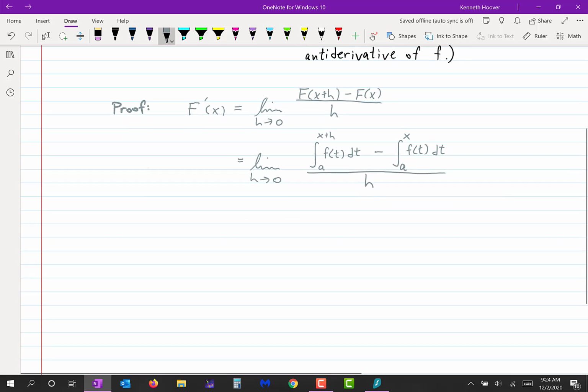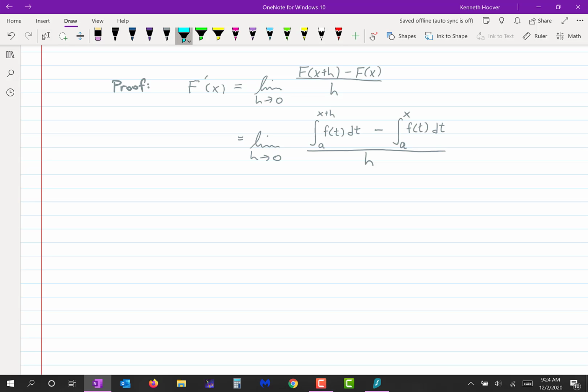Okay, now look at those two integrals here. Notice they both start at a. Okay, this one ends at x plus h, this one ends at x, and I am subtracting the second one from the first one. So what are we going to get? If you take the integral from a to x plus h, and then you subtract the integral from a to x, what will be left over?